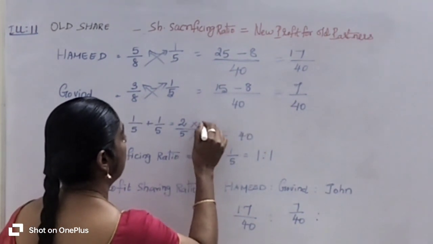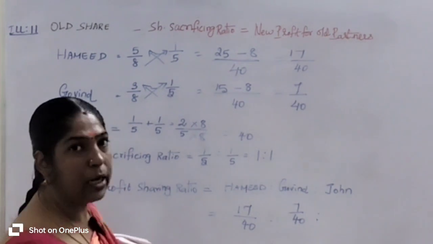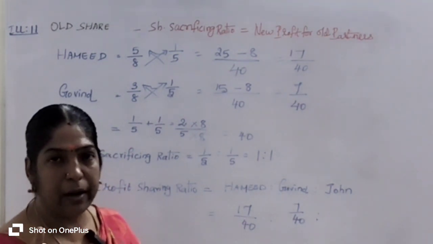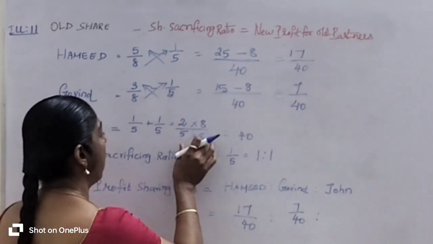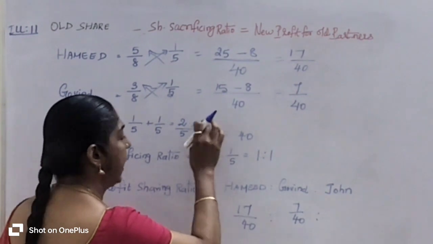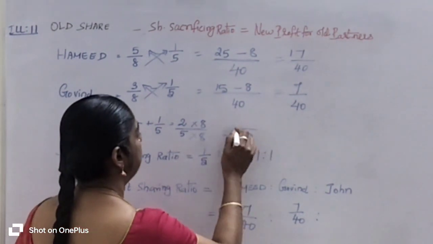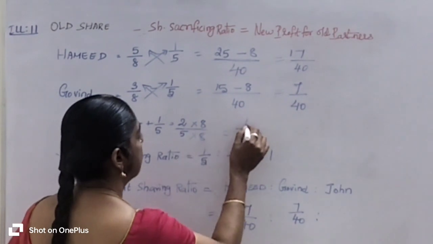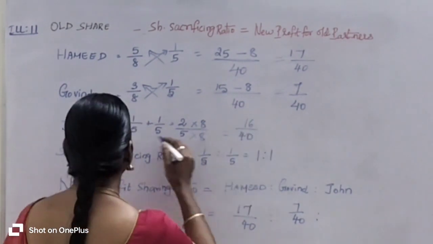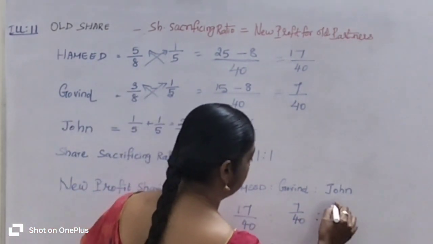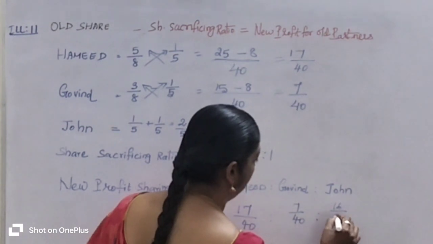So the same 8 we multiply into the numerator: 2 eights are 16. So John's new profit sharing ratio is 16 by 40.